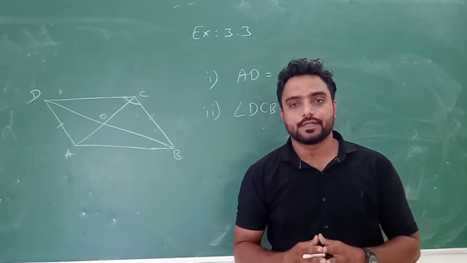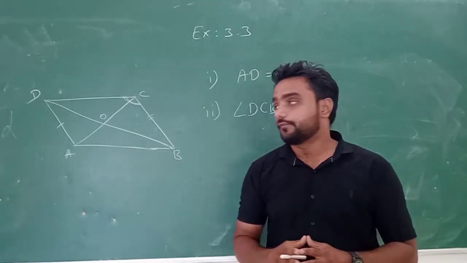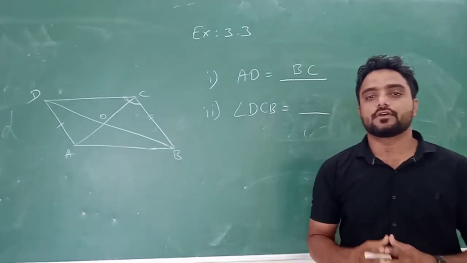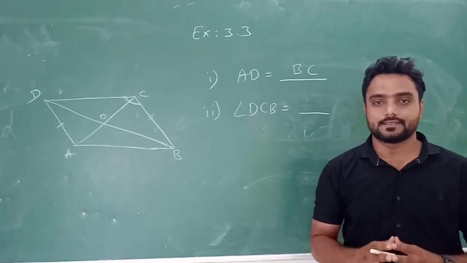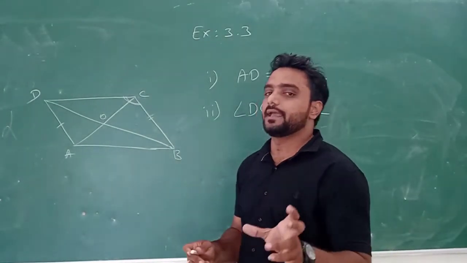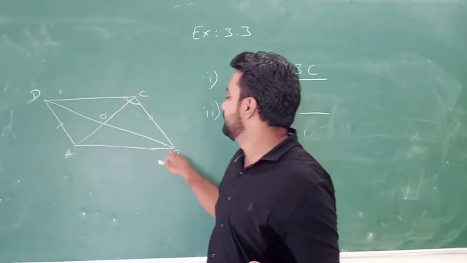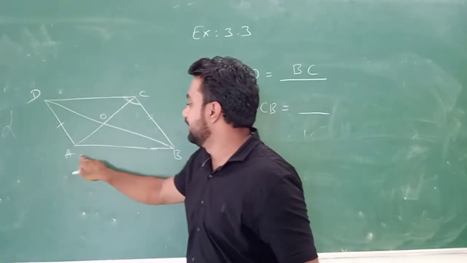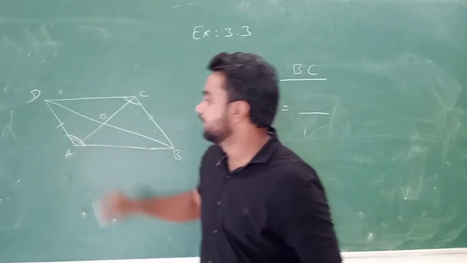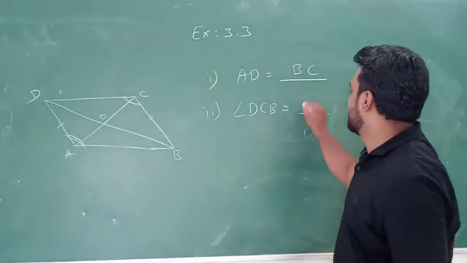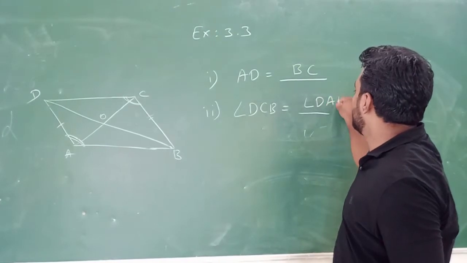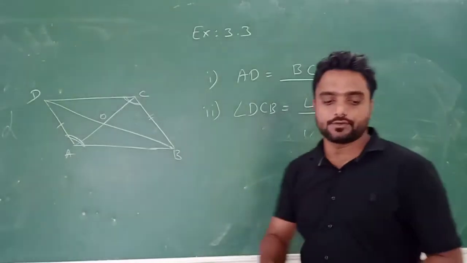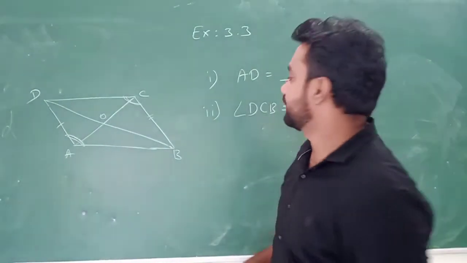According to that property, the opposite angles of a parallelogram are equal in measure. So which is the opposite angle of DCB? The opposite angle of DCB is DAB, means this angle. Understand or not? So the answer is angle DAB. Understand or not? Now proceeding further to the third one.